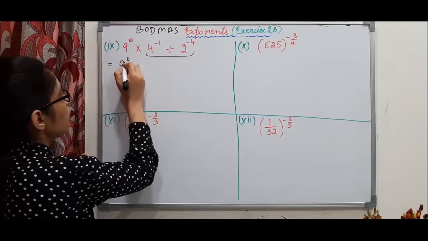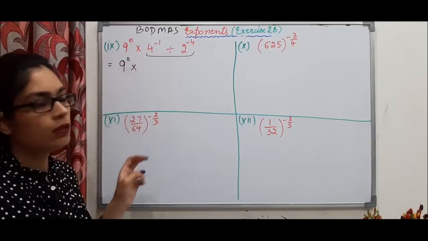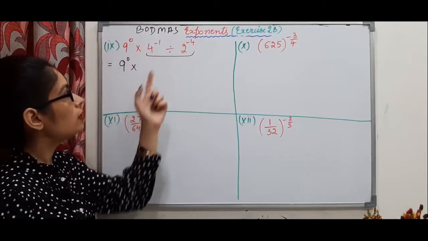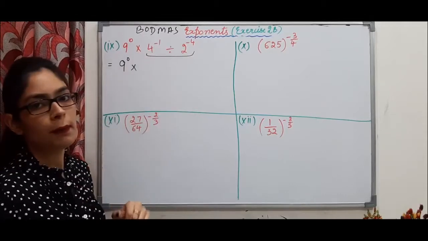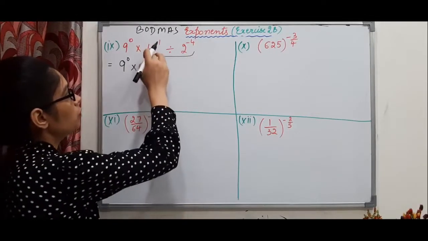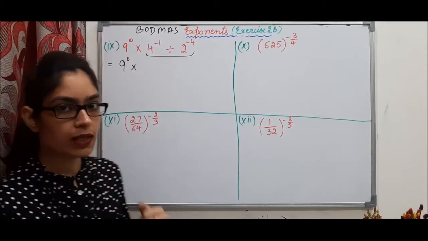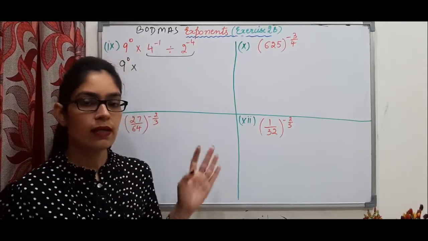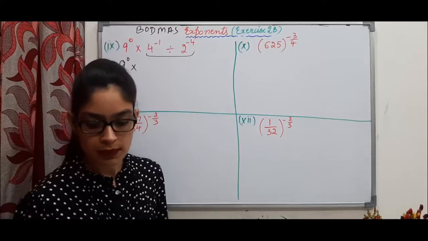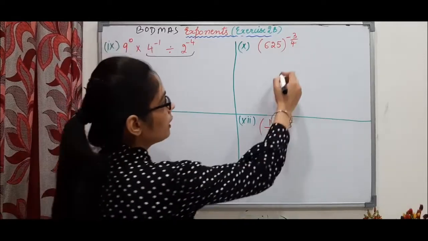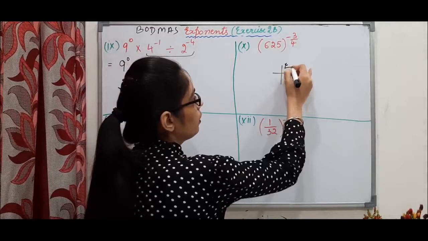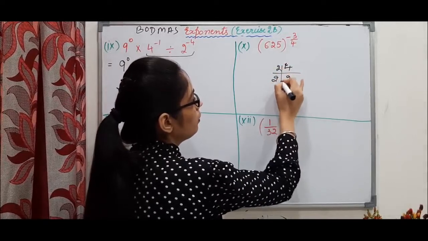9 to the power 0 as it is, 4 to the power minus 1 divided by 2 to the power minus 4. What we have to do? See, 4 can be changed to its exponential form. I told you, wherever it is possible, just try. If exponential form is possible, just try to make it. So 4 is 2 into 2, and 2 into 1.